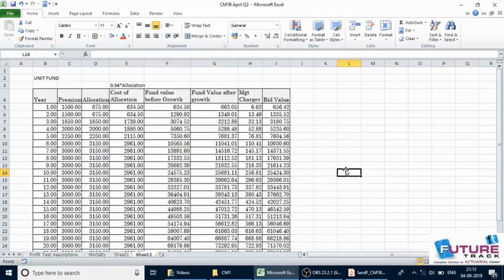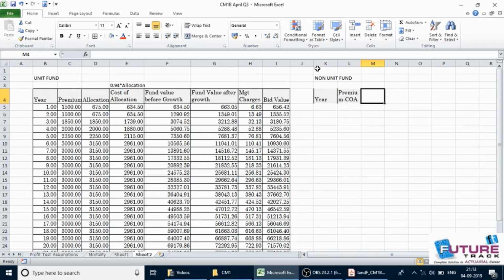So now let's come to the non-unit fund part. So let's first, year after year we have premium minus cost of allocation. Fine.